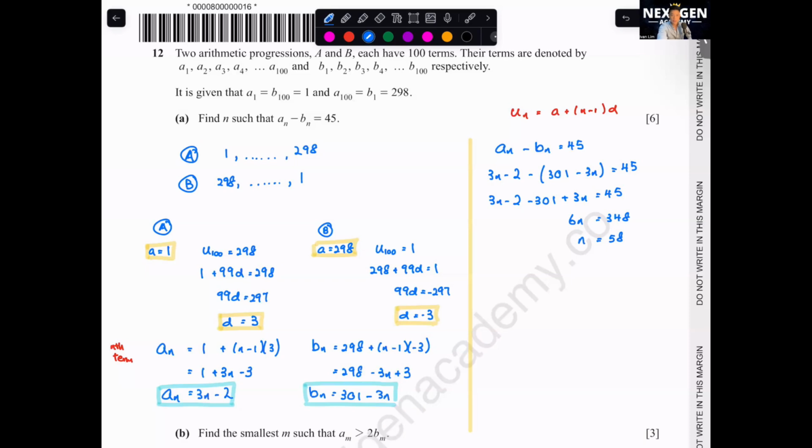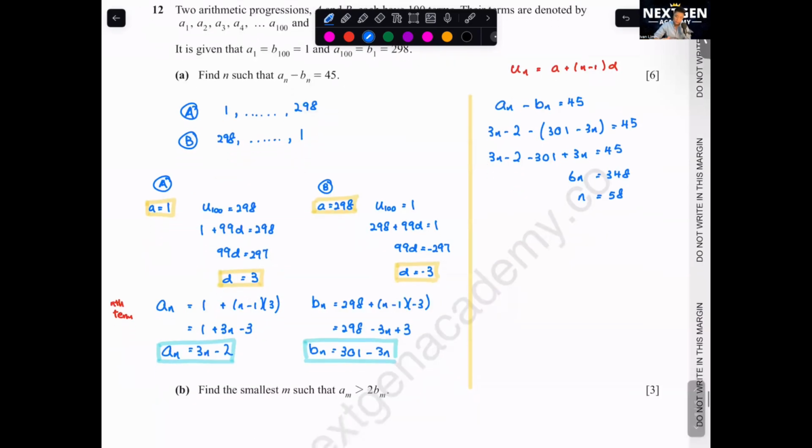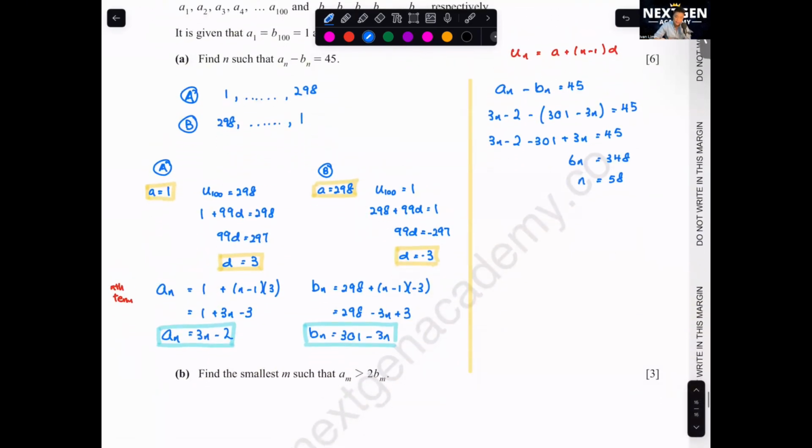Okay, the last one. Find the smallest m such that Am is more than 2Bm. The smallest m. Now we replace the n with m. So here will become 3m minus 2 is more than 301 minus 3m.